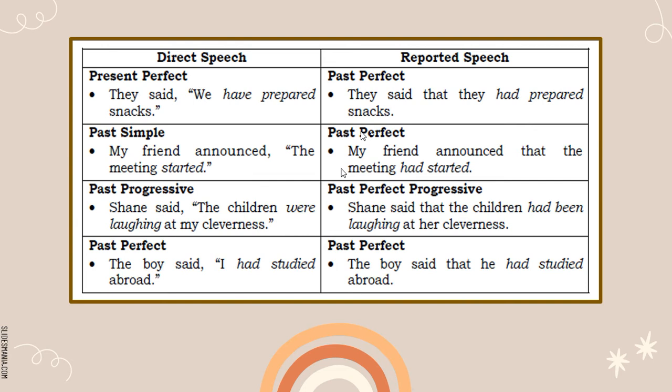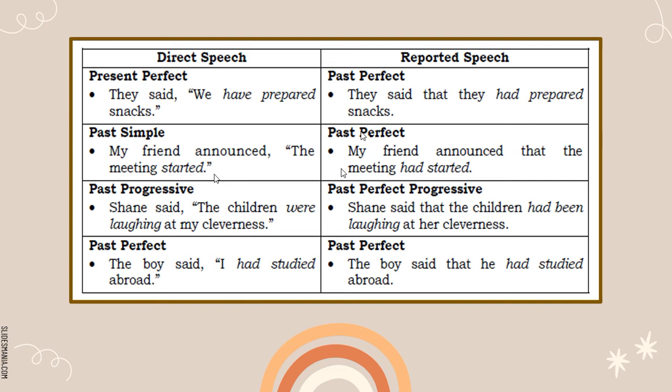Right? Next, for the past progressive, we have here, Shane said, "The children were laughing at my cleverness." Okay? Take note of the words were laughing because in the reported speech, your past progressive will be past perfect progressive.